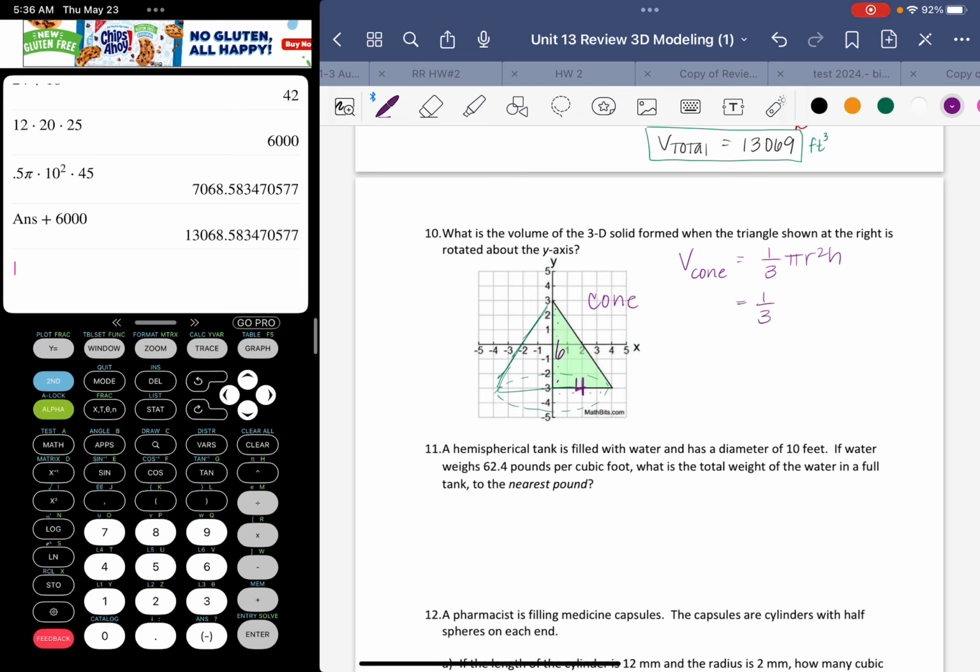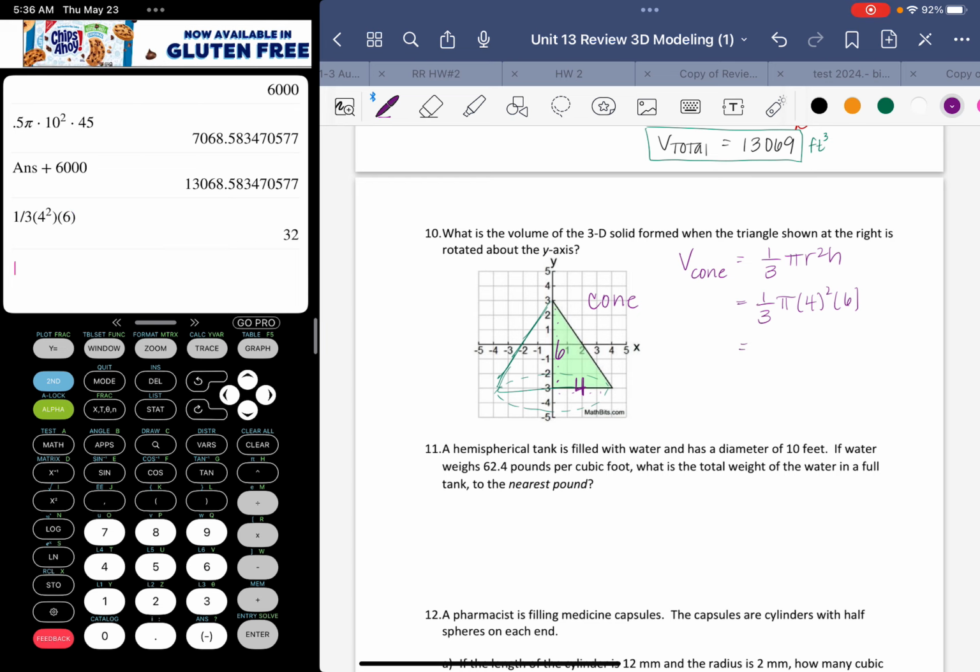So it's going to equal 1/3 pi times 4 squared times 6. Once again, they didn't tell us where to round. So when they don't tell you where to round, you leave out the pi. And you get 32, so it'll be 32 pi.